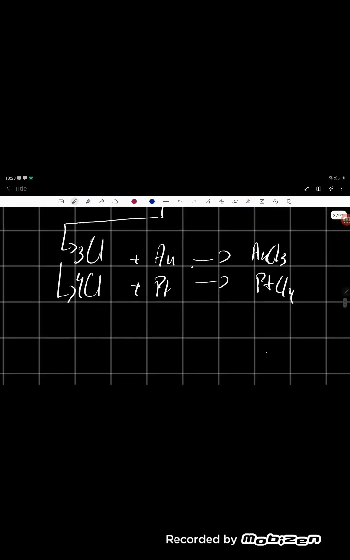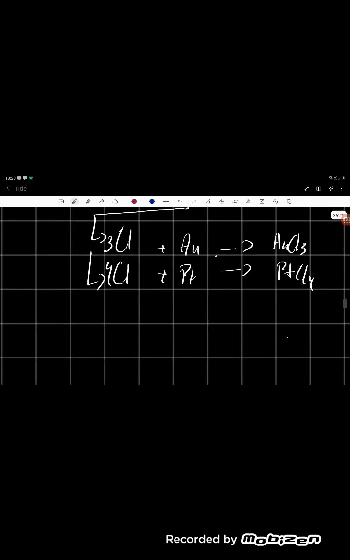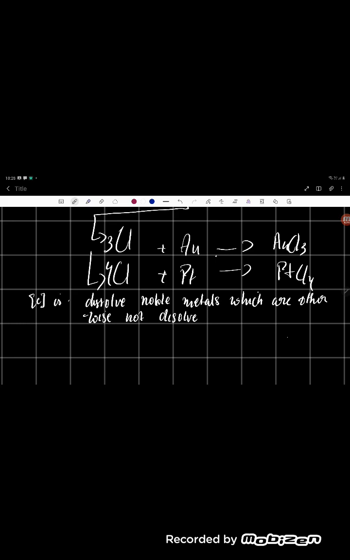So nascent chlorine is technically used to dissolve noble metals which are otherwise not dissolvable in other acids.